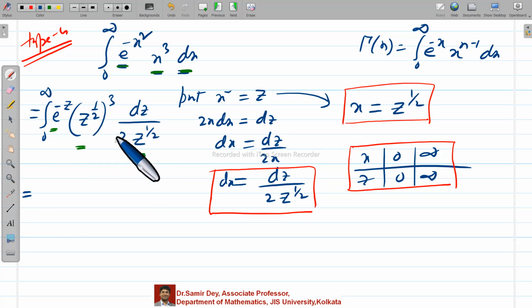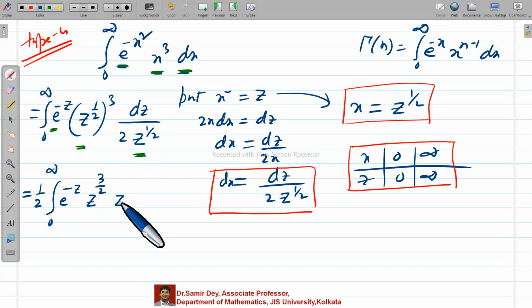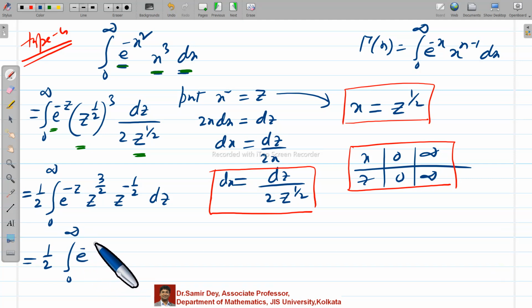Now try to understand the next part. Here the number part is only 2, so you can take 2 outside. Then integral from 0 to infinity of e to the power minus z, z to the power 3 by 2. Another z you have, so you may write z to the power minus 1 by 2 dz. So you may write 1 by 2 integral of e to the power minus z, z to the power 3 by 2 minus 1 by 2, dz.